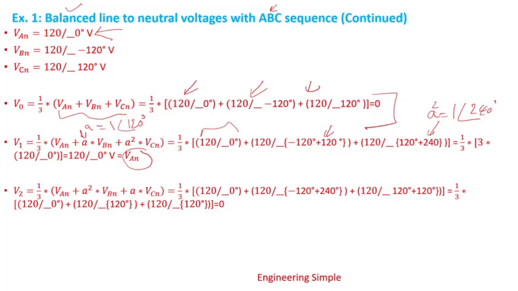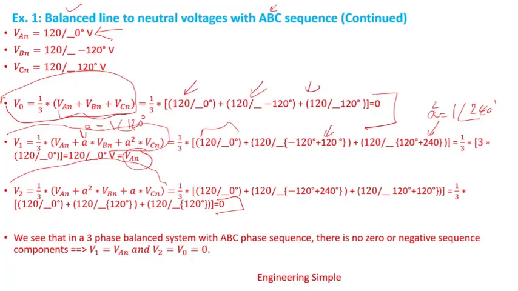I do the same thing for the negative sequence voltage. 1 over 3 times VAN plus A squared times VBN plus A times VCN. If I carry out the calculation, I get 0, which is expected. I would recommend watching part 1 on symmetrical components if you want to see how these equations for zero sequence, positive sequence, and negative sequence are derived.